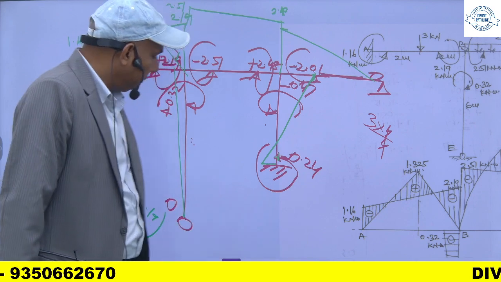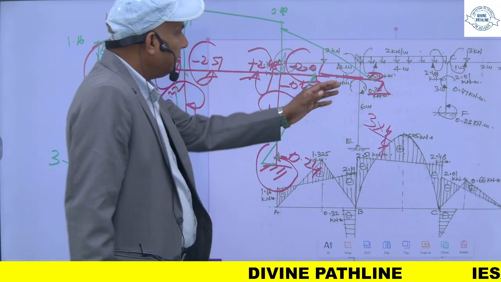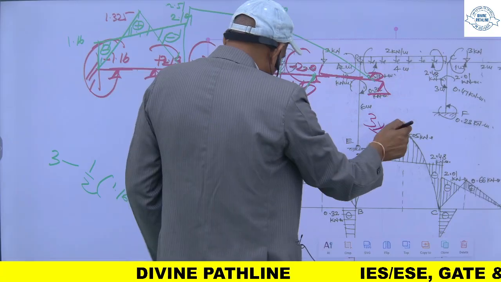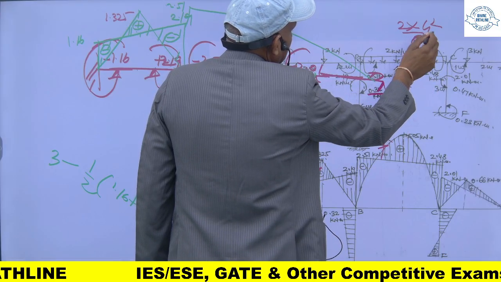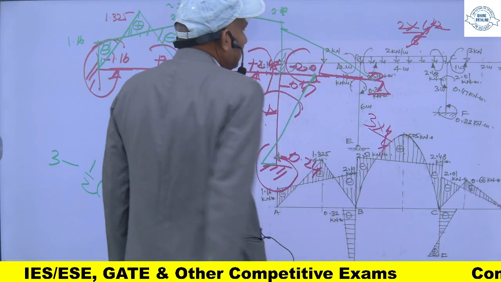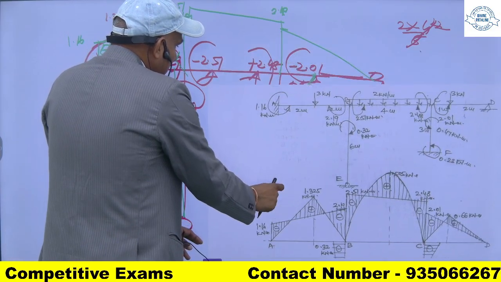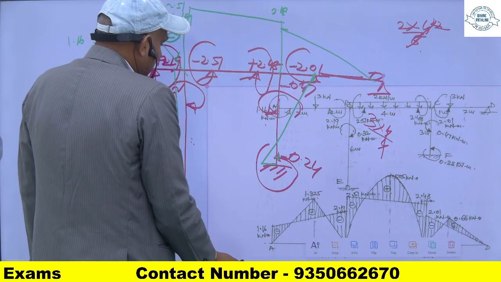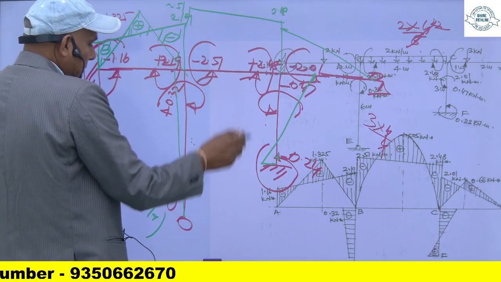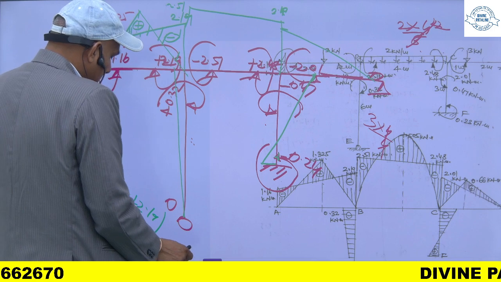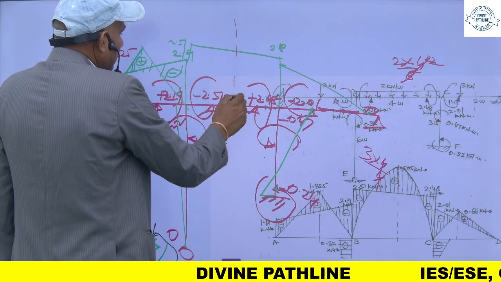For this member, there is a UDL and the value of this UDL will be WL square by 8. So this will be 2 into 4 square by 8. So this will be 4. And so this diagram will be like this.